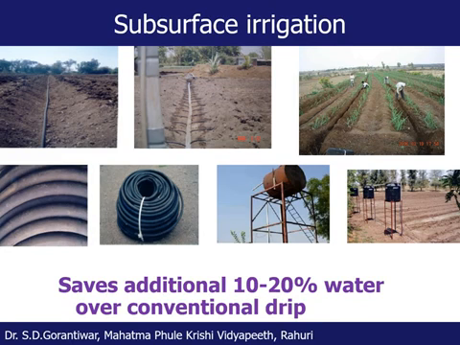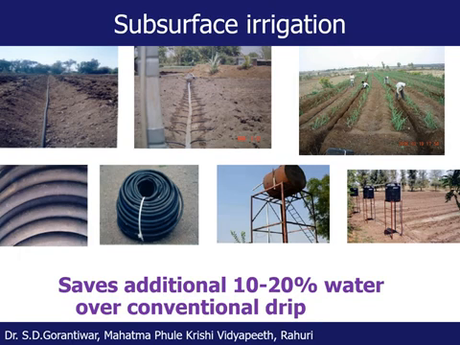But before that we should understand the principle of subsurface irrigation. In subsurface irrigation, its philosophy is entirely different from the other three irrigation methods, that is surface, sprinkler, and drip or micro irrigation system.